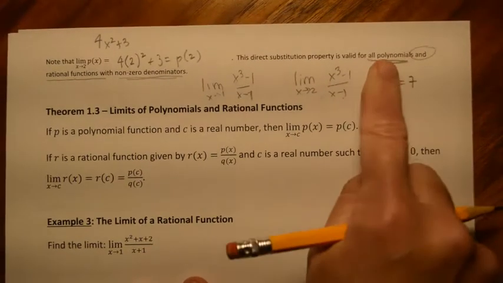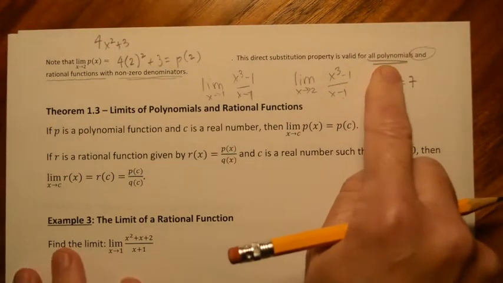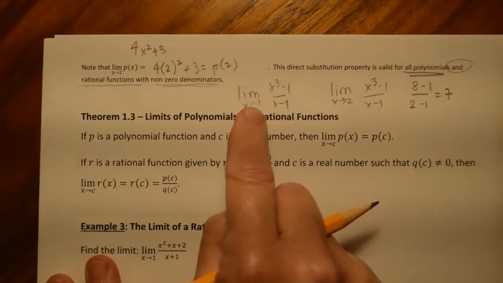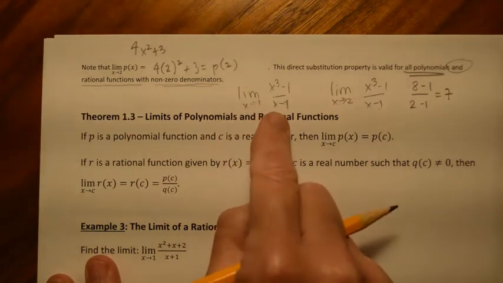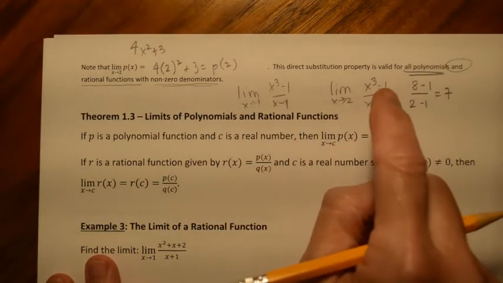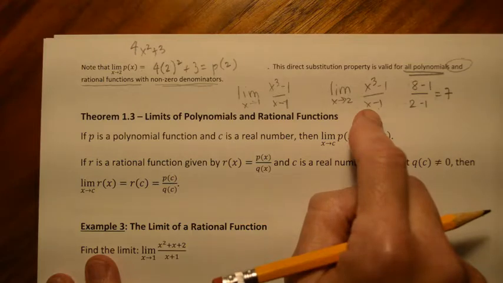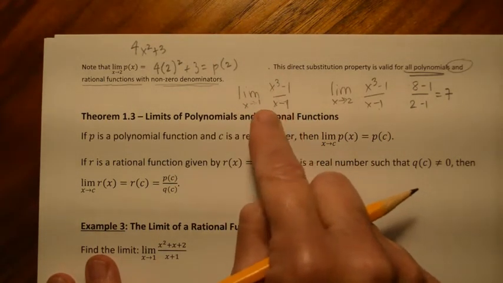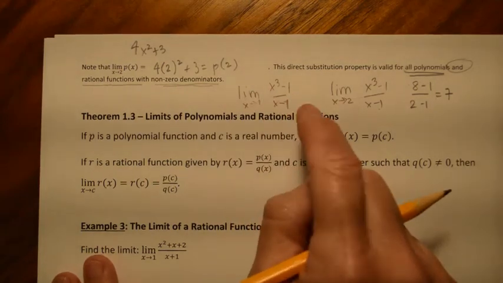So polynomials are all fine, and as long as the denominator is not made 0 by substituting in our c value, a rational function is fine, but here where we put 1 in or some other c value and we get 0 in the denominator, we can't do that.